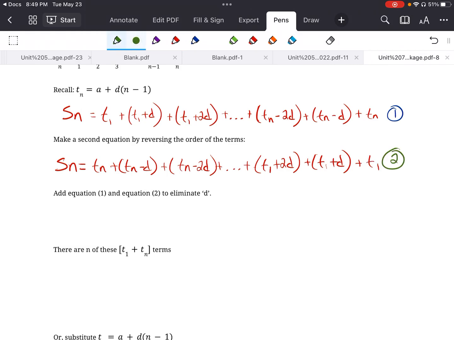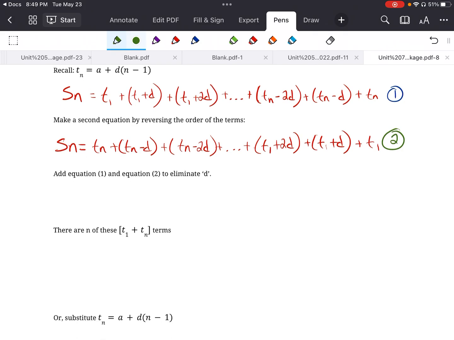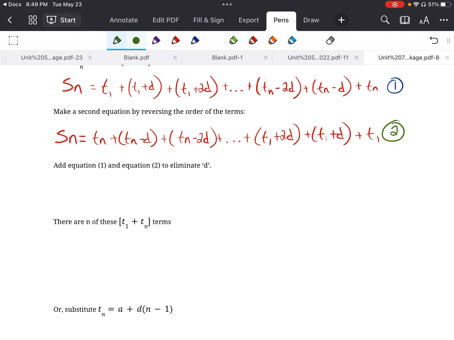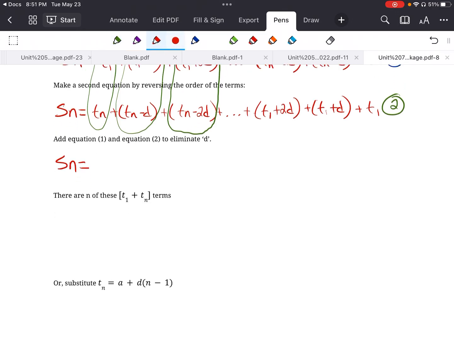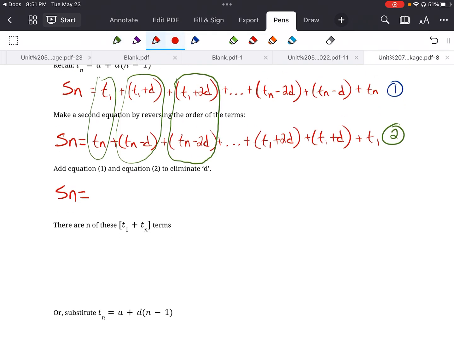That's the second formula. Now, if we added equation 1 and equation 2 to eliminate the d in each of the brackets, so we'd be adding these, and then adding these, and then adding these, and so forth, all the way down, we would get T1 plus Tn.